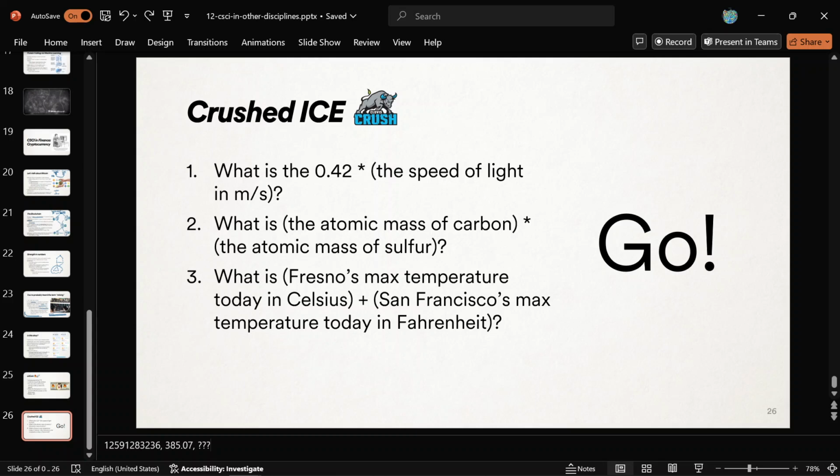Good job. And then for number 2, 385.07 atomic mass units. I don't think either of you got it. Or maybe you added it instead of multiplying it.